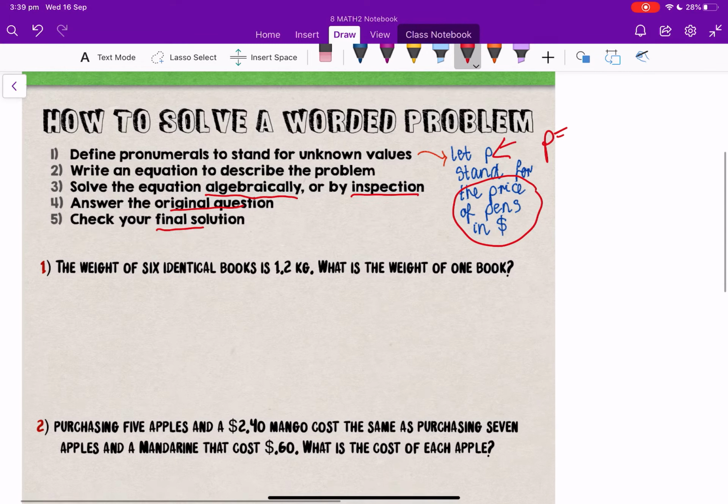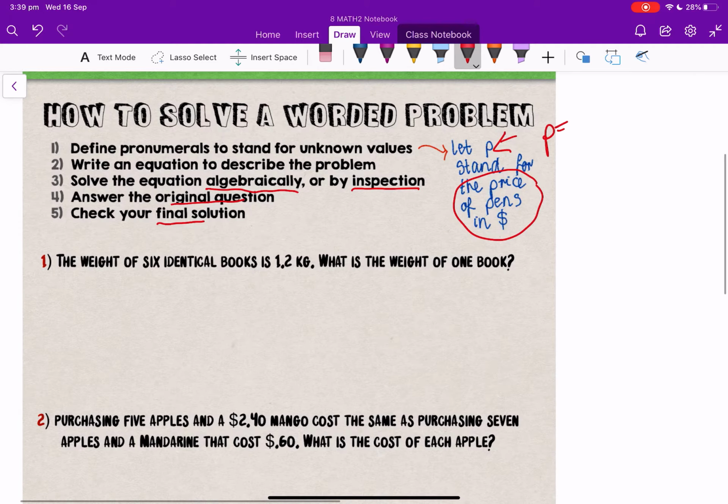What we'll do is we'll do some examples and we'll apply those steps. So we are going to look at the first one. The weight of 6 identical books, so that will weigh the same, is 1.2 kilograms. What is the weight of one book? So we're firstly going to define a pronumeral.